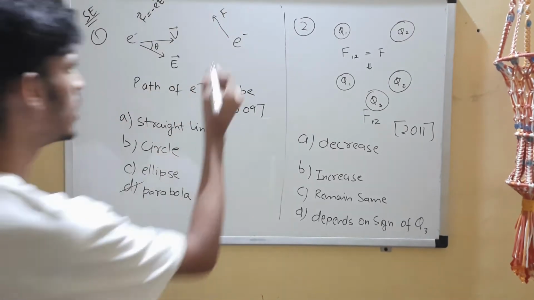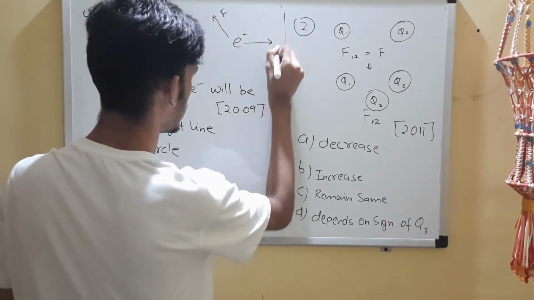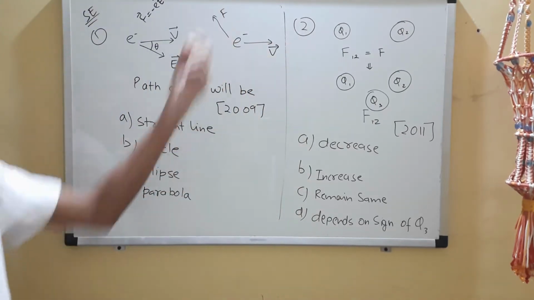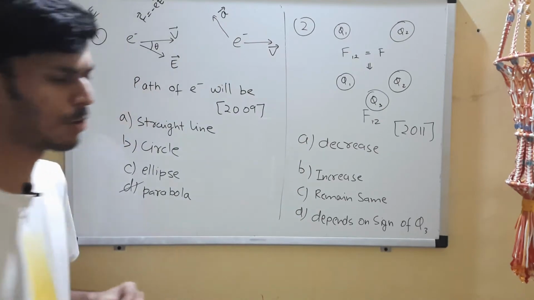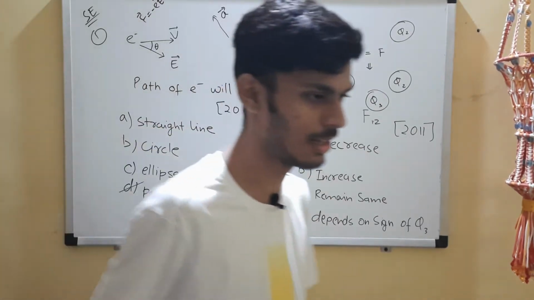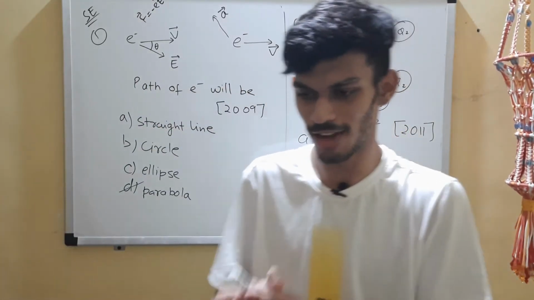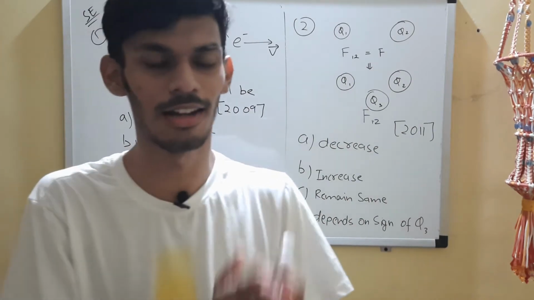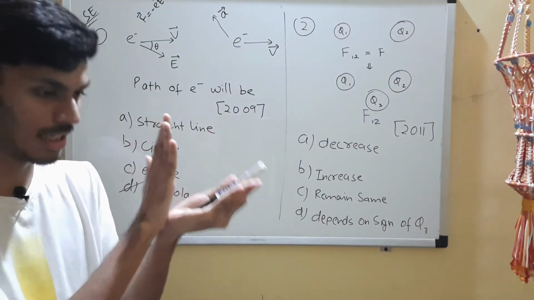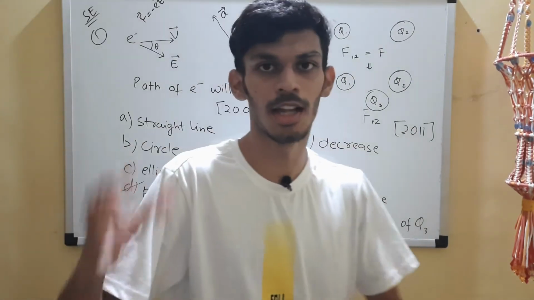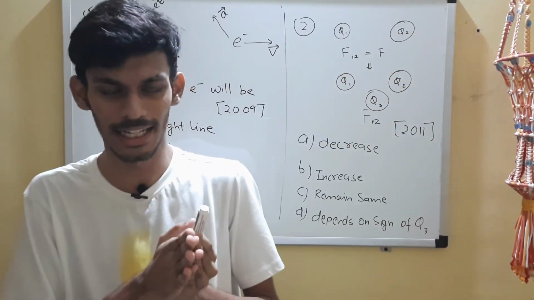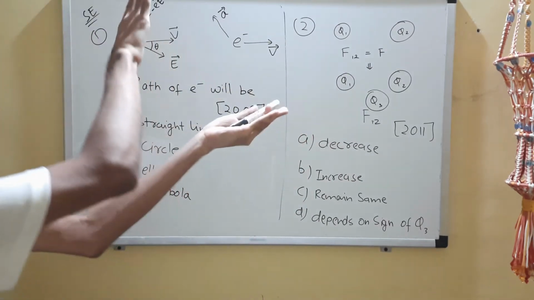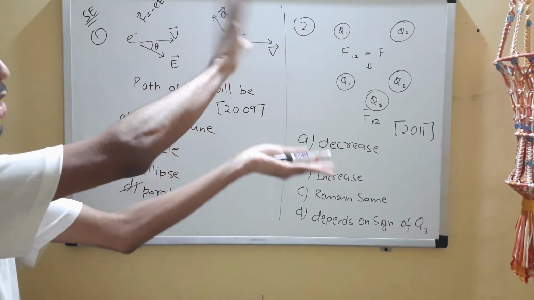Now the initial velocity vector is in this direction, so I can call the direction of force the direction of acceleration. I told you about this in motion in 2 dimensions: when the acceleration and velocity vector make an oblique angle with each other, by oblique I mean an angle which is not equal to 0 degree and not equal to 180 degree, an angle wherein they are not parallel or anti-parallel.